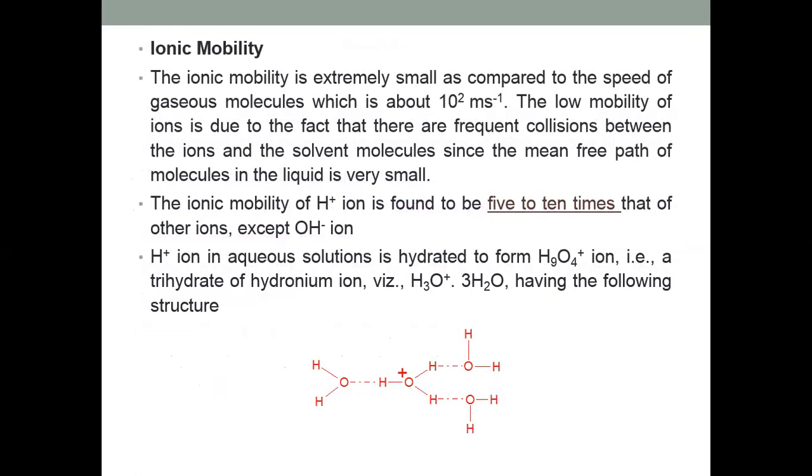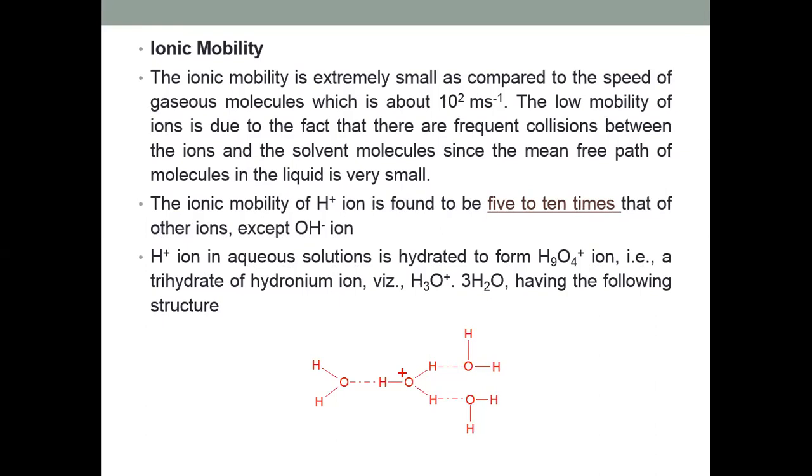Ionic mobility is much smaller for heavier ions, of course, because they move slowly, and it is a little larger for lighter ions, since they can move a little more quickly.